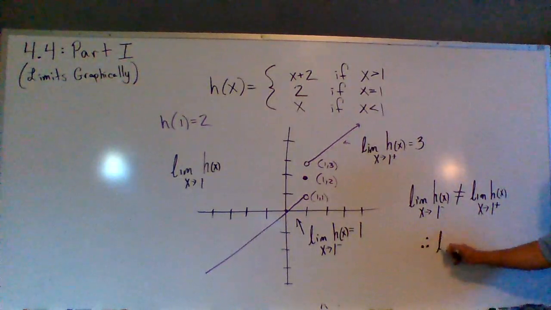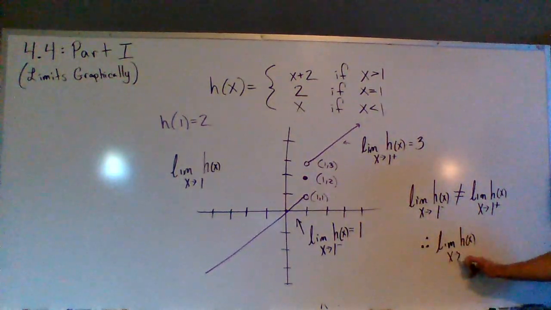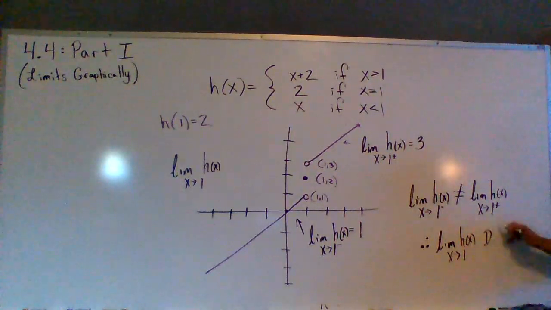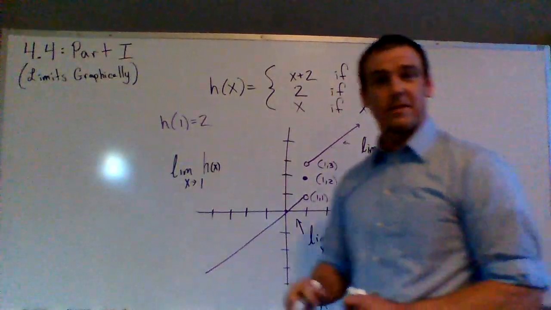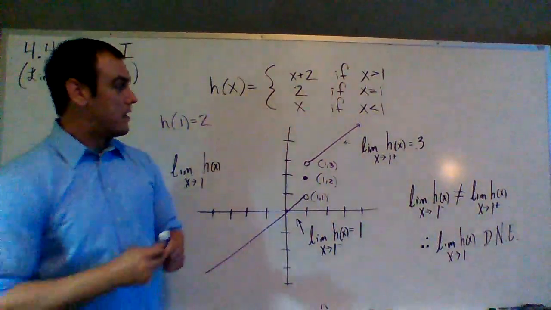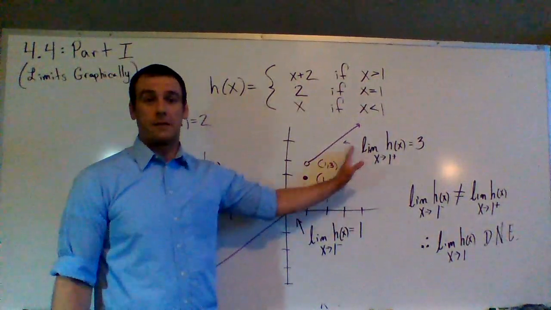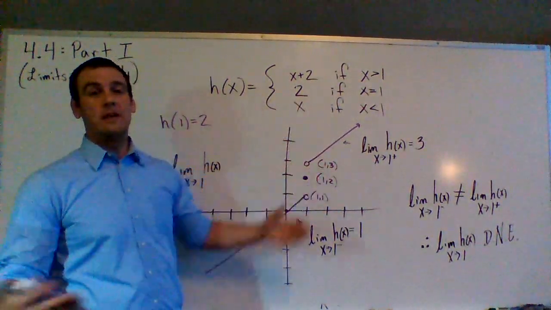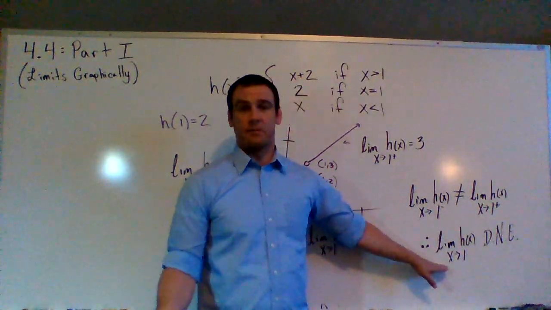Therefore, the limit of h of x as x approaches 1 does not exist. The limit does not exist. So guys, like I said, you can have left-hand limits existing, you can have right-hand limits existing. They have to equal each other for the limit to exist at the point.